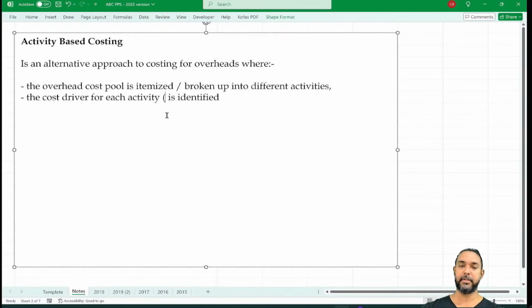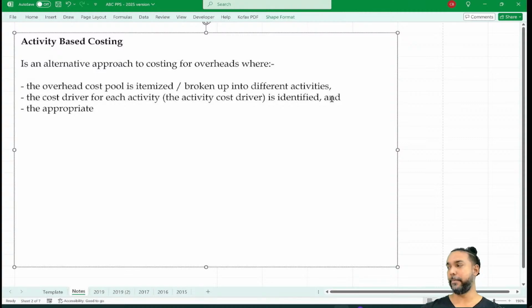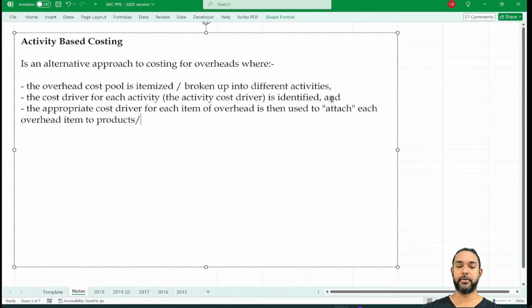So basically the activity cost driver, and the appropriate cost driver for each item of overhead is then used to attach each overhead item to products or jobs.